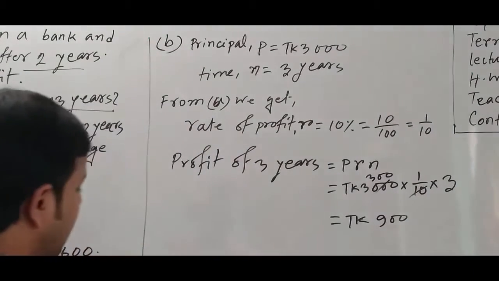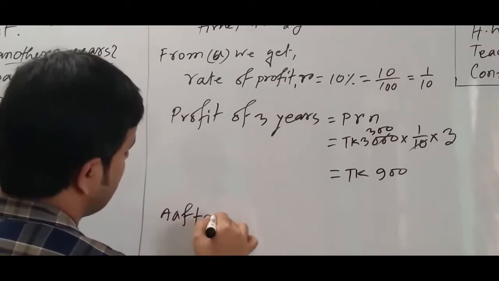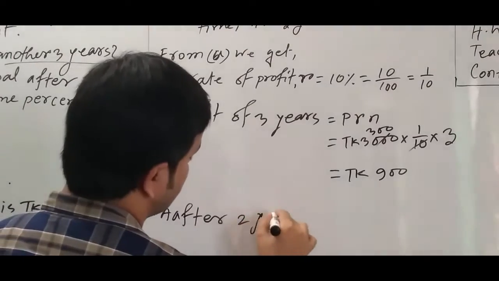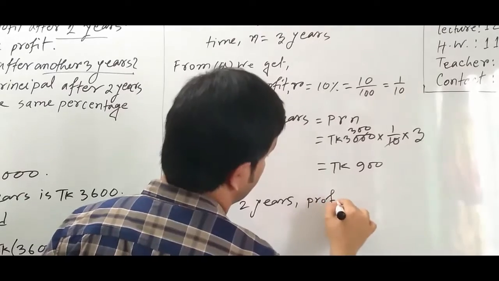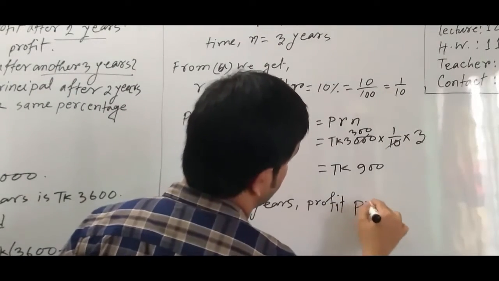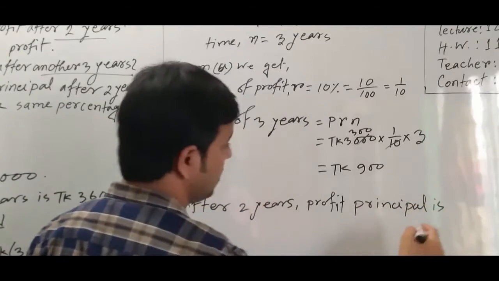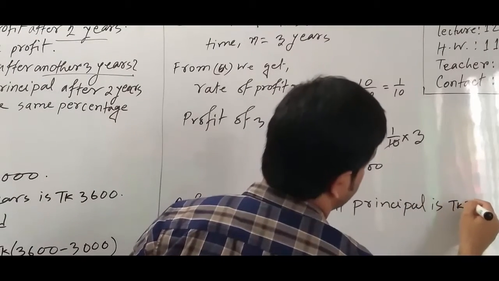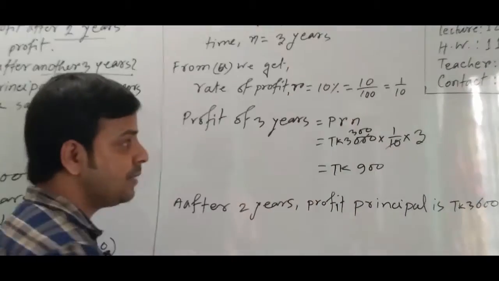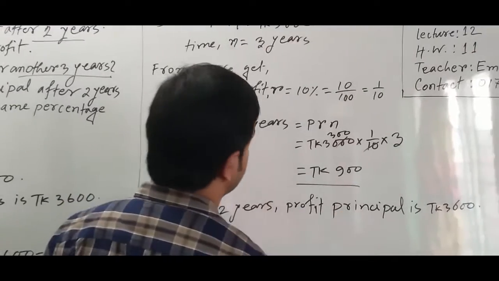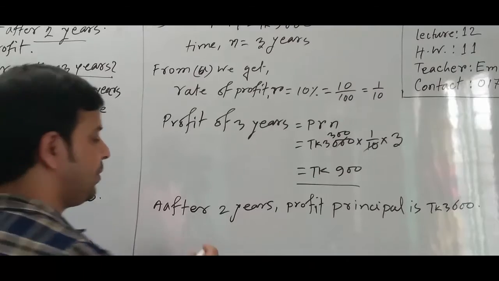So we can write here, after 2 years profit principal is taka 3600. This is given in our question. So now if we add this profit with this profit principal, we will get the required profit principal.